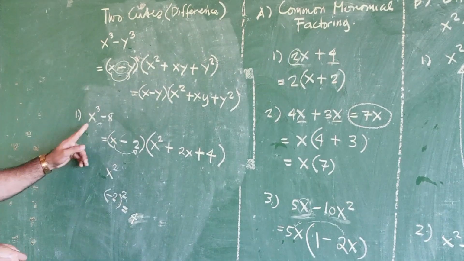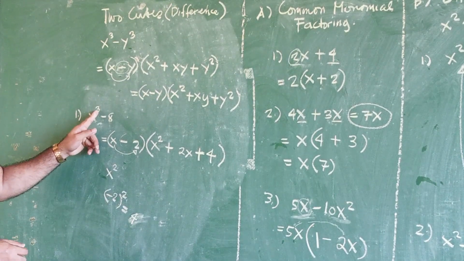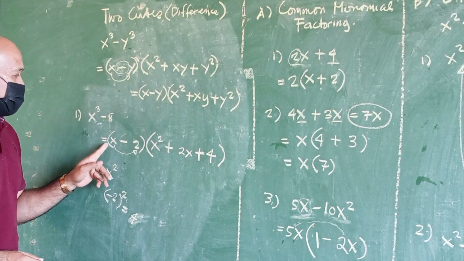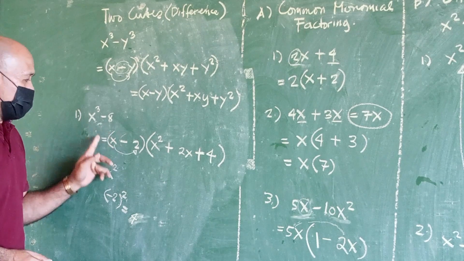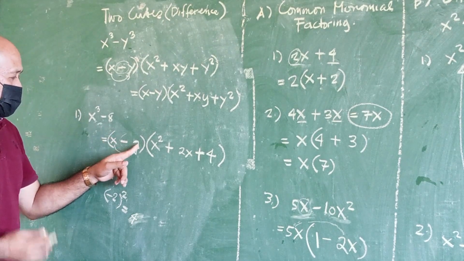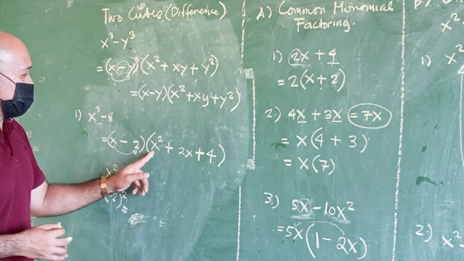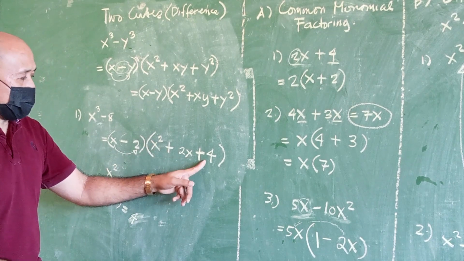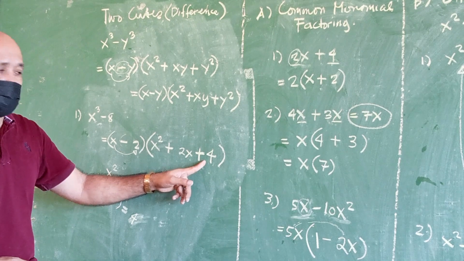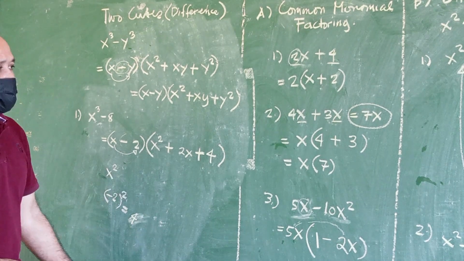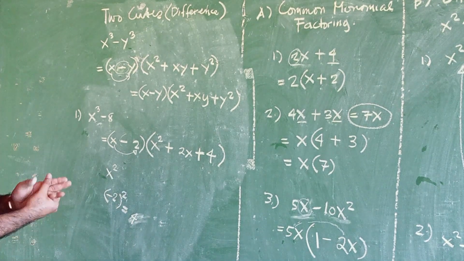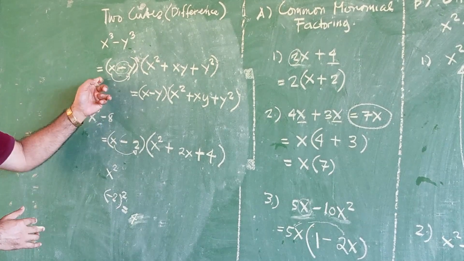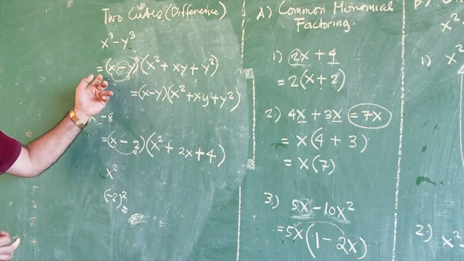So therefore, when you factor out x cubed minus 8, the resulting factors are the quantity of x minus 2 as binomial times the quantity of x squared plus 2x plus 4 as the trinomial part of the factors. Okay, so that's it. That's the basic part on how you factor out the sum and difference of two cubes.